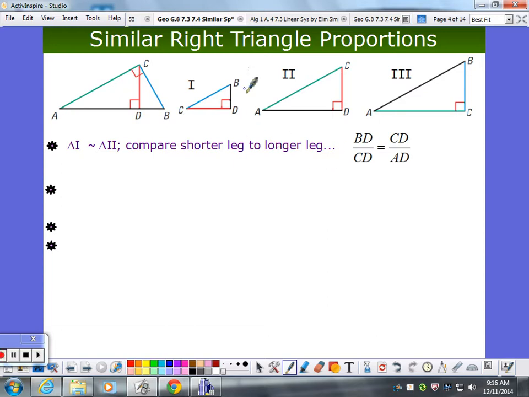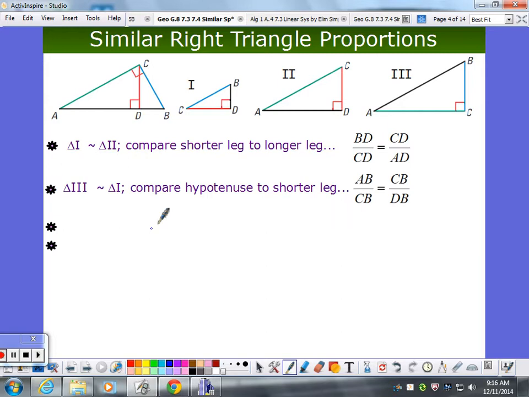So let's see, if I'm looking at 1 and 2, and I'm trying to match my corresponding sides, right? So BD over CD equals CD over AD, correct? Right? I'm getting this proportion. If I look at 3 and I look at 1, and I'm comparing hypotenuses and shorter legs, so let's see.